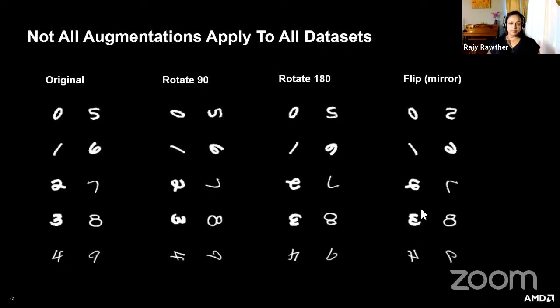Similarly, flip is also not a good augmentation for this data set, because when you flip those digits, they look completely different and don't represent the original one, except for a few of them like 0 and 1. So maybe flip is not a good augmentation for this particular data set.